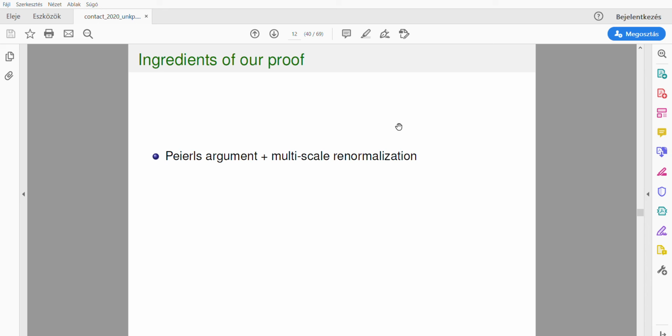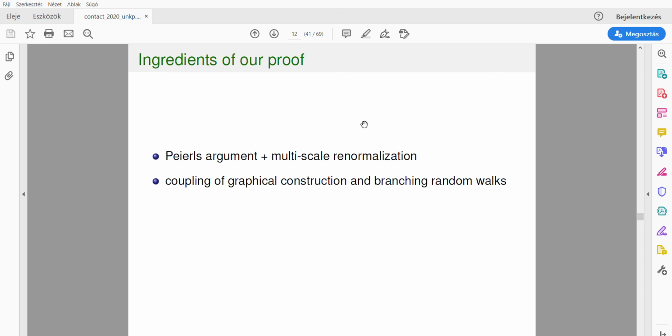This is already the third paper that I co-author with Daniel that involves multi-scale renormalization to tackle a problem in percolation. And of course, the classic Peierls argument, if you don't know what it is, don't worry, but this is a classical argument with which one usually proves percolation or the absence of percolation. So this is one ingredient.